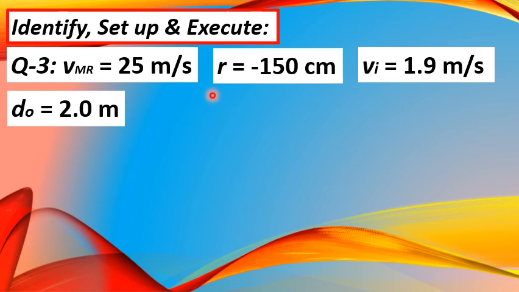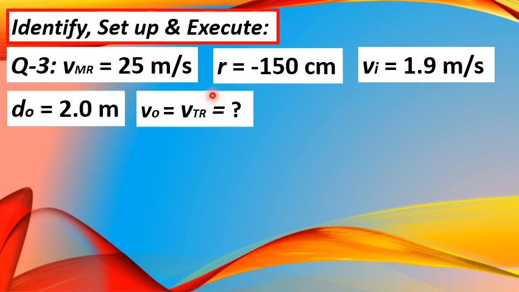And our target variable is V sub O, in other words, the speed of the object, which is the truck, which we also label here as V sub TR, or the speed of the truck relative to the road.